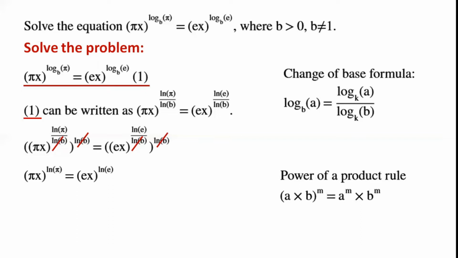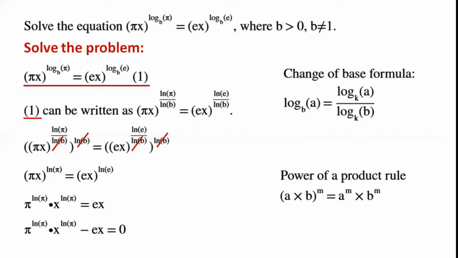Power of a product rule: (ab)^m equals a^m times b^m. So we can now write π^(ln π) times x^(ln π) equals e times x.